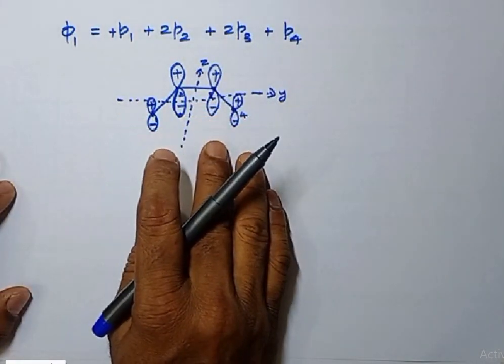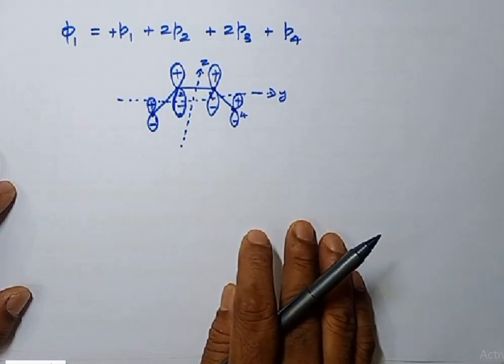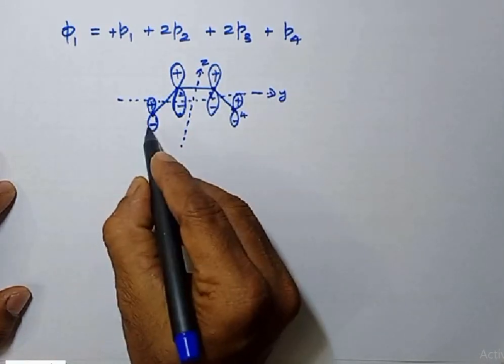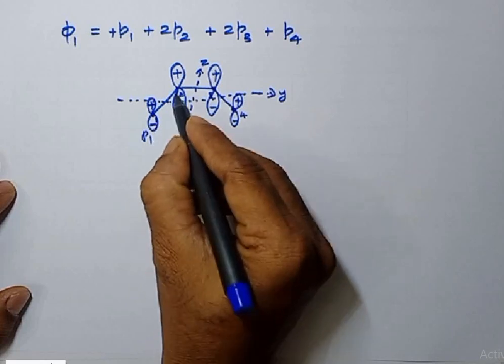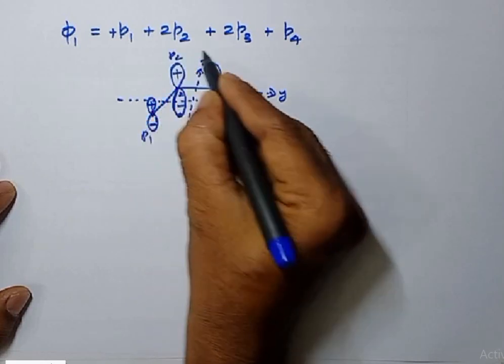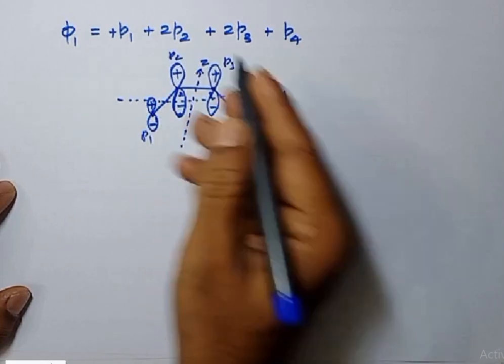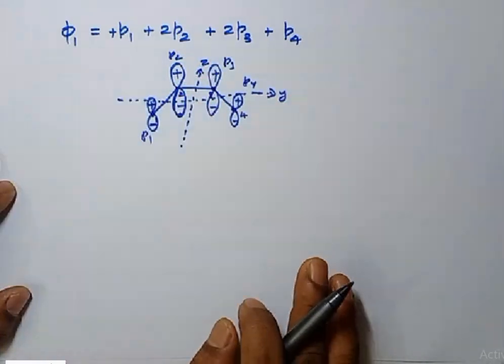Now what we have to do? We have to carry out the operations and check. So this is p1, this is p2, this is p3, and this is p4. Anyway, it's 2p2, 2p3, don't worry about that.